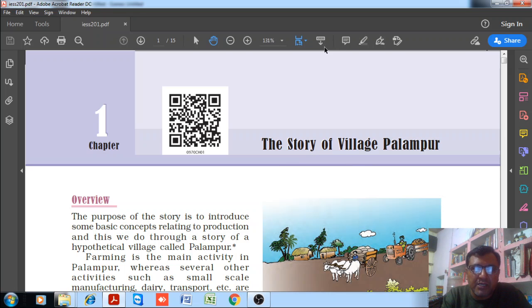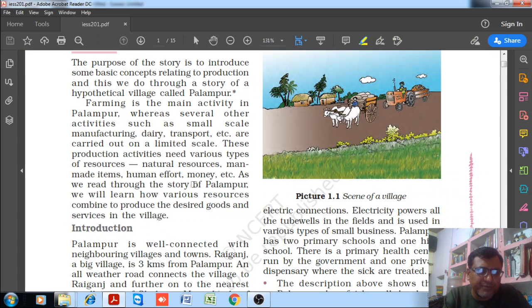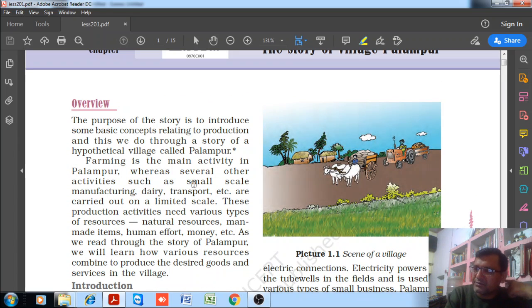Here we study first of all the overview of this chapter. The purpose of this story is to introduce some basic concepts relating to production, and this we do through a story of a hypothetical village, which is not really anywhere, it is in our imagination only, called Palampur.